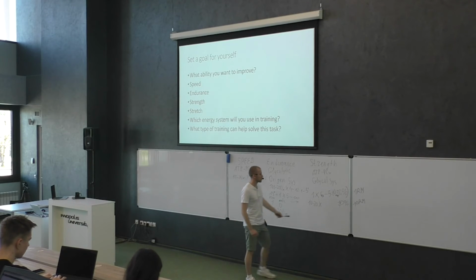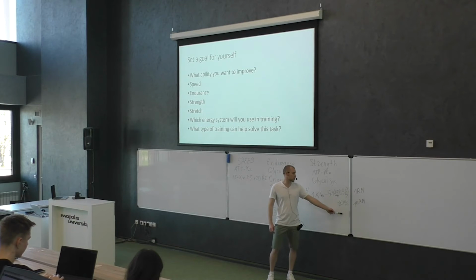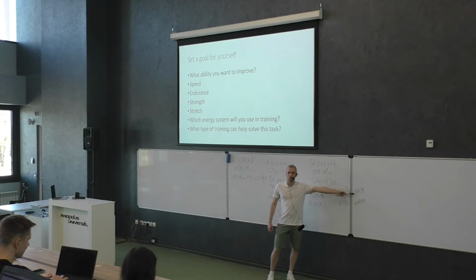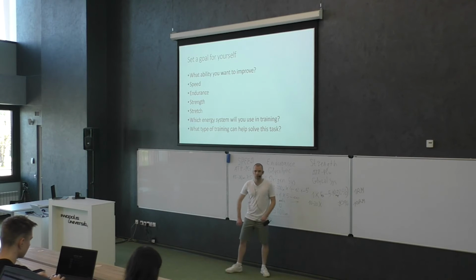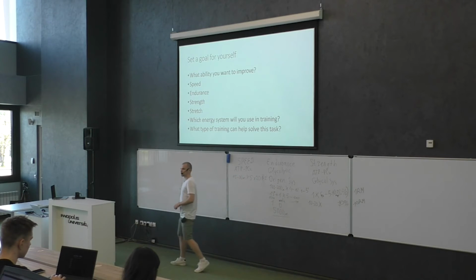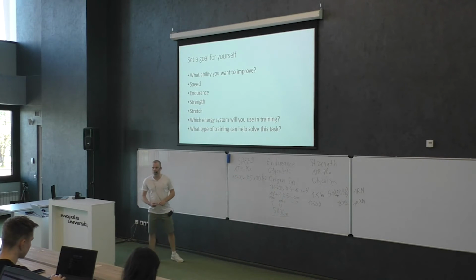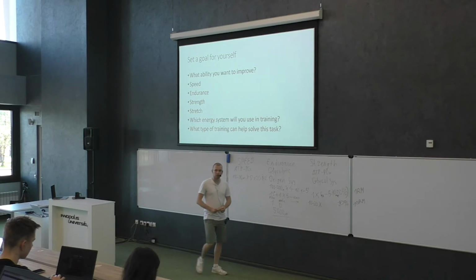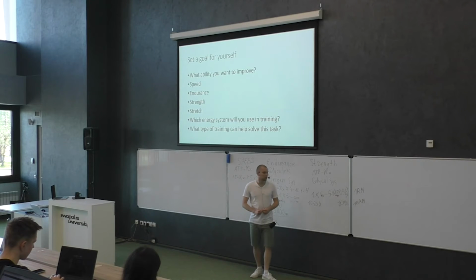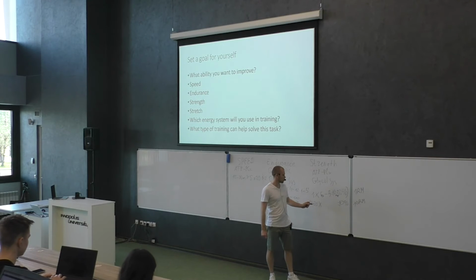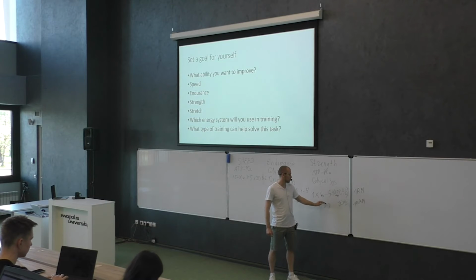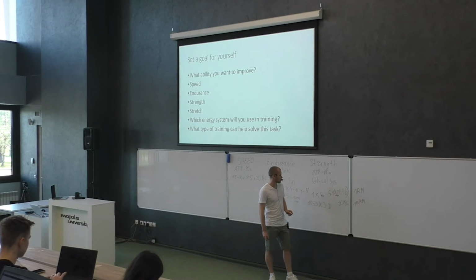I mean 20 repetitions at 70% of one repetition maximum, how many times can you do this task? It's very difficult to decide if you're a beginner, but empirically you can use this training from 3 to 8 times.